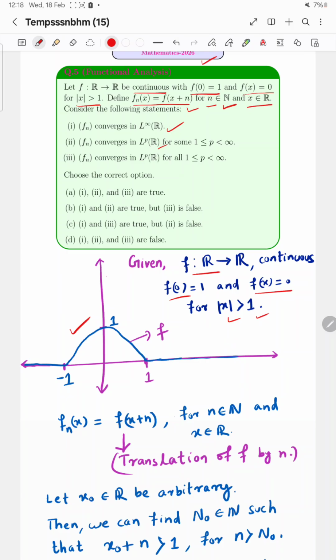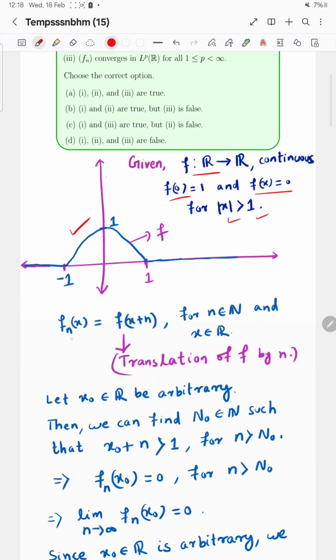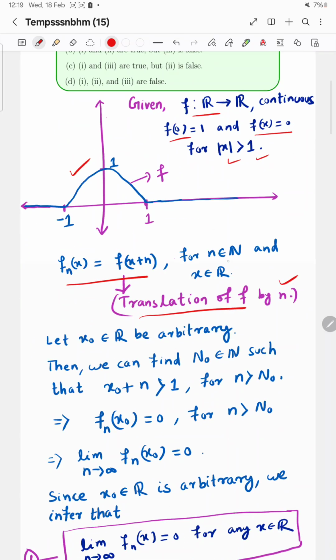These are the translations, and f_n(x) is defined in this way, the translation of f by n, where n belongs to the natural numbers.